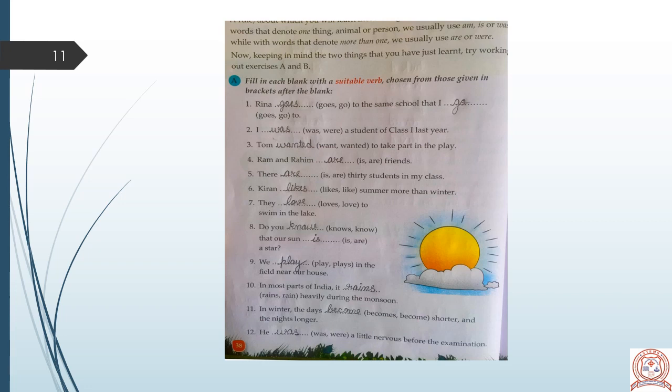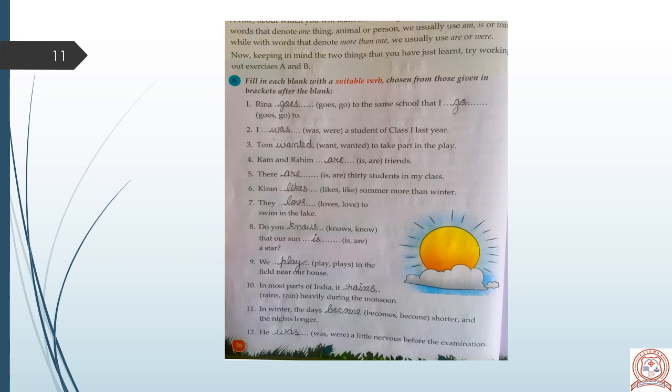Kiran dash summer more than winter. Kiran likes, not like. They dash to swim in the lake. They love to swim in the lake, not loves. Do you dash that our sun dash a star? Do you know that our sun is a star?